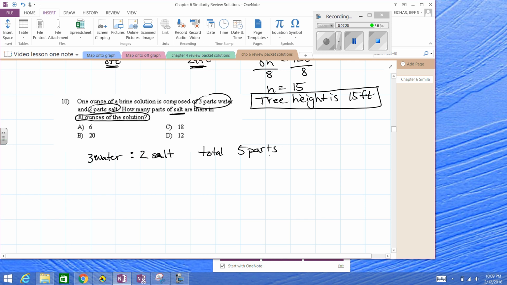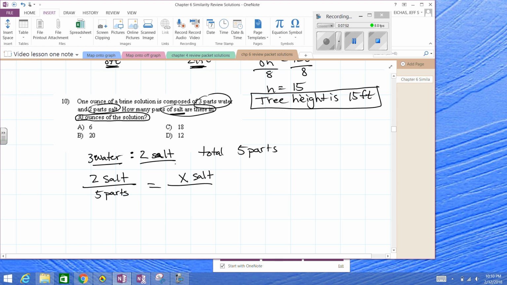So we want 2 parts salt to every 5 parts of the solution. I'm putting the water and the salt together. For every 2 parts of salt, we're going to make 5 parts of solution. We want to know how many parts of salt.